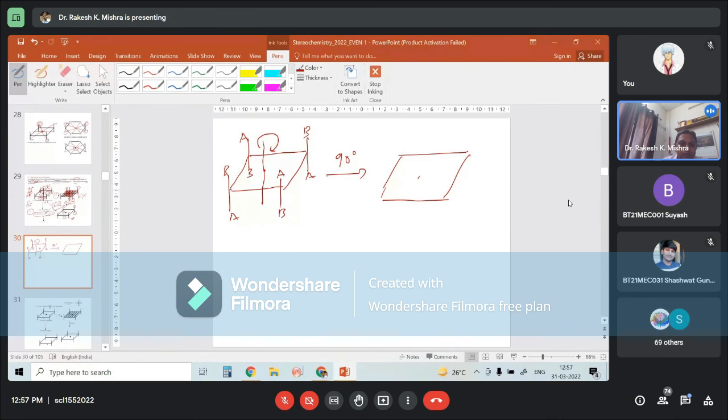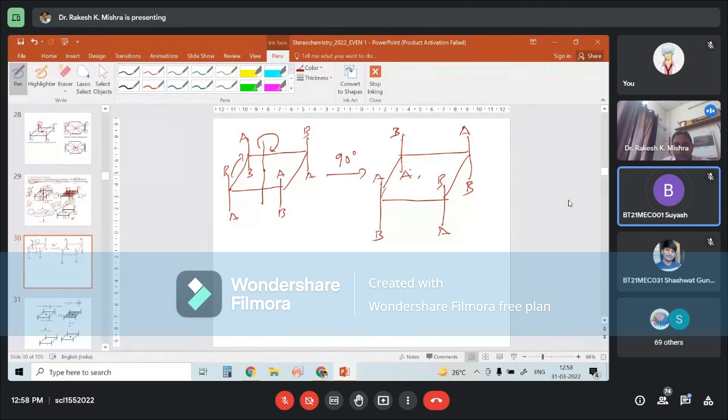Now B will shift to here after rotation. So instead of A on the top, here will be B on the top. So it will change at every point. Once it is changed, everywhere it will change. Is that clear up to here?